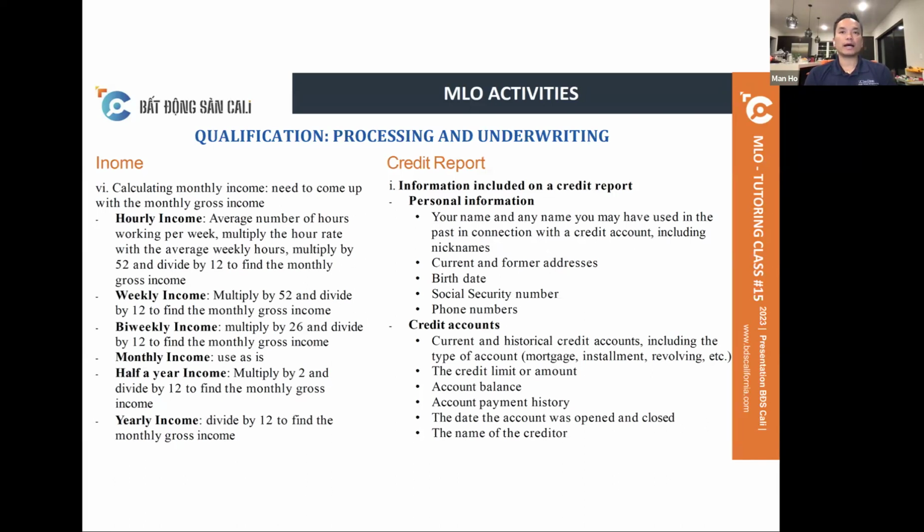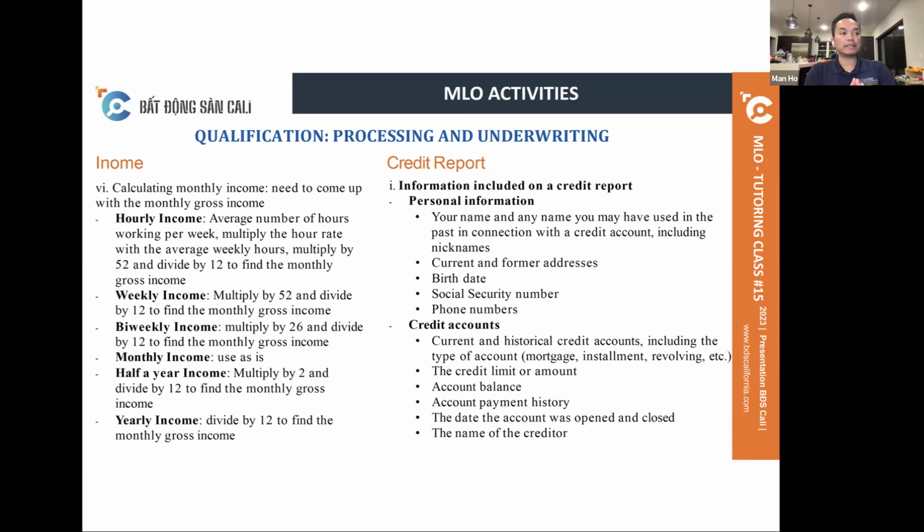It's so confusing, but anyway, here's an example. Let's say you make $20 an hour and work 40 hours a week. You multiply 40 by $20, and you make $800 a week.